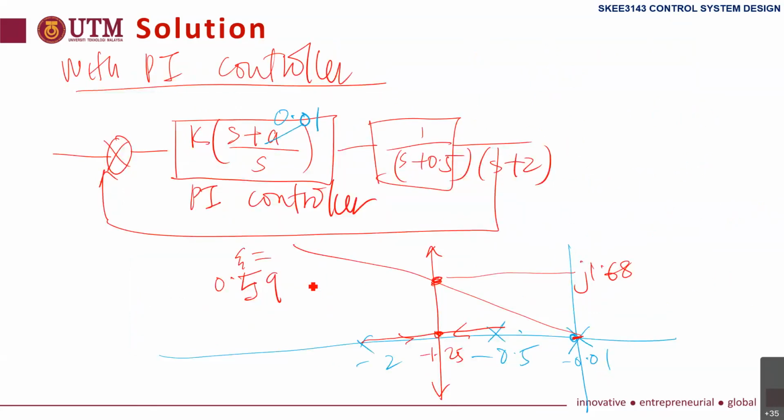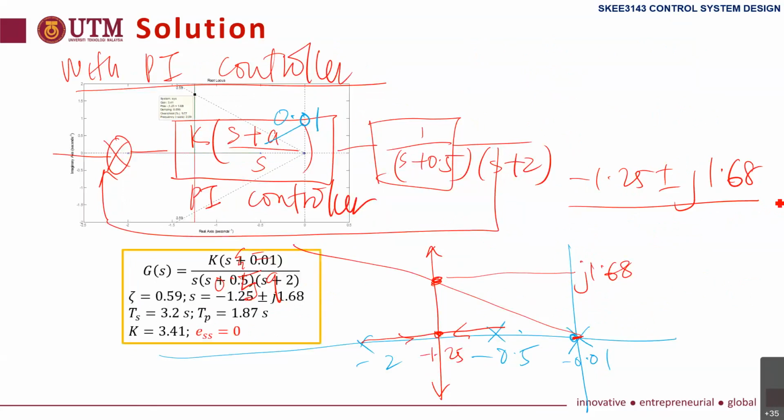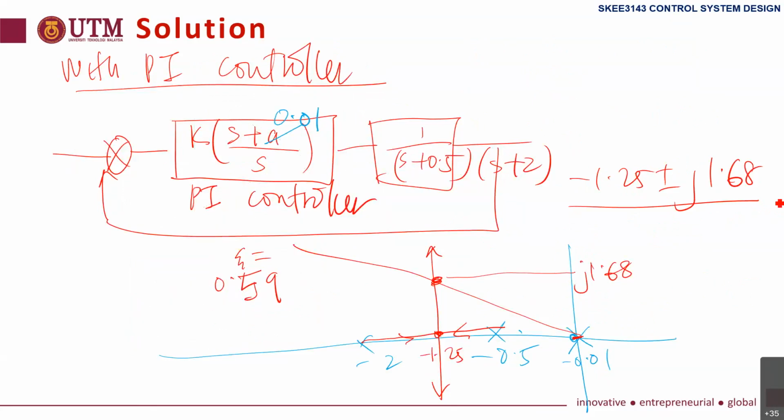This is minus 1.25 plus minus j1.68. It is slightly different. I will show later, I also plotted using MATLAB. And then we can calculate the error.